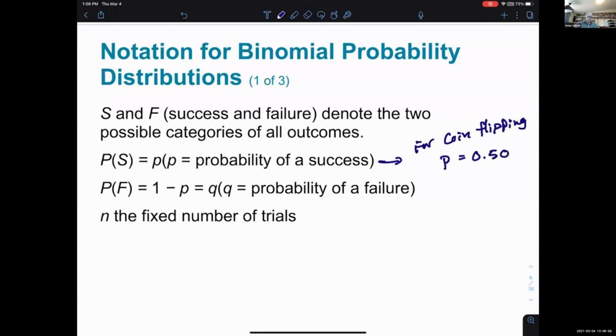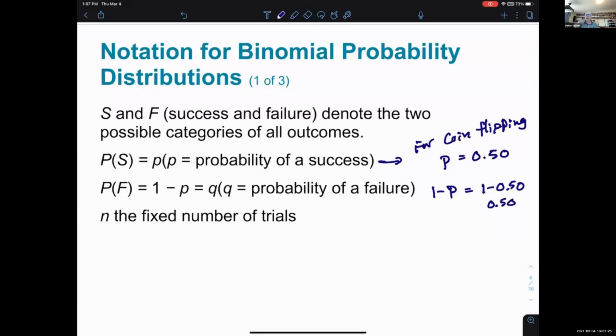P of F will be the complement to that. As we discussed in chapter 4, you either have something occur or the complement is that it did not occur. So if the success does not occur, we call that the failure. And so the probability of failure, 1 minus P, would in this case also be 50% because it's a 50-50 chance.